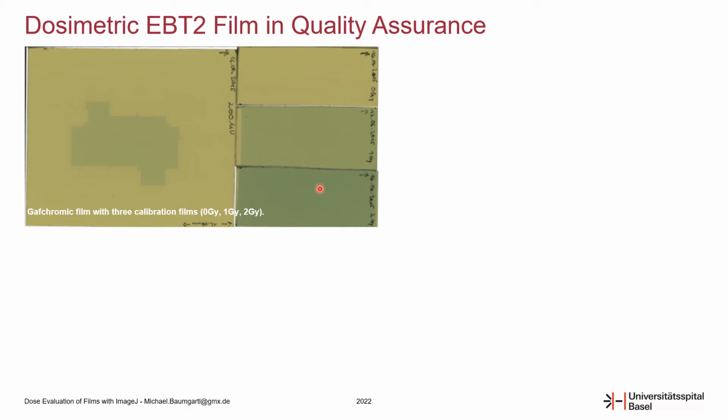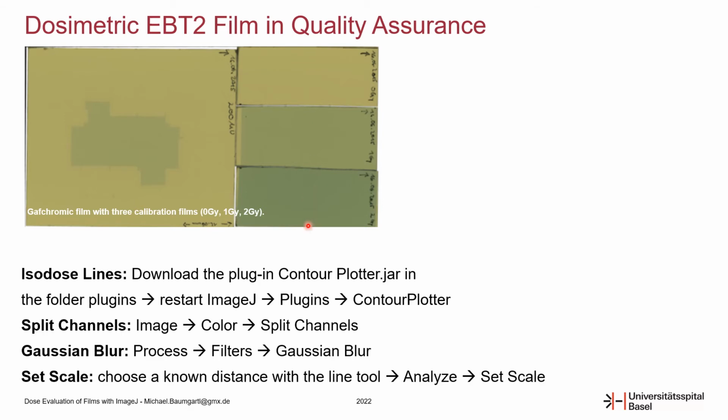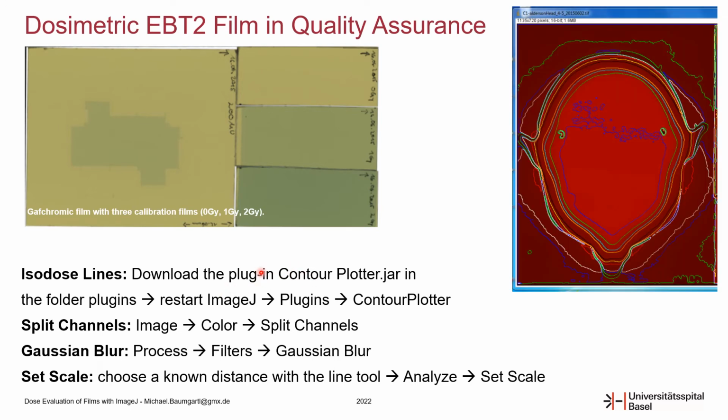I also recommend that before you start, you download the plugin Contour Plotter and put it into ImageJ to generate such nice isodose lines. This is a different film put into an Alderson head phantom, and here you can see the isodose lines indicating a nice dose gradient, and you also have very smooth isodose lines because a Gaussian filter was applied.